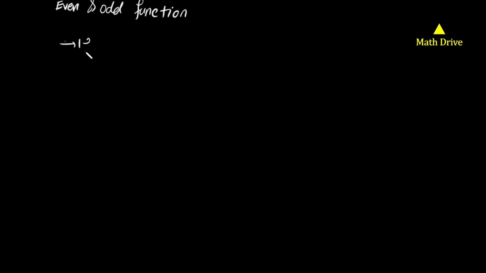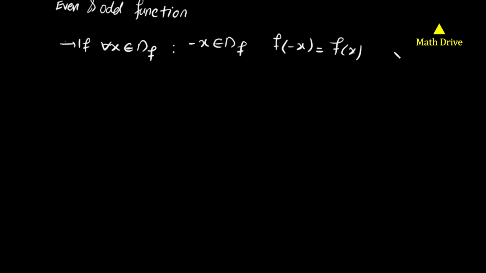if for any x belonging to the domain of a function f, minus x or negative x also belongs to the domain of f, and f of minus x is equal to f of x, f is called even.